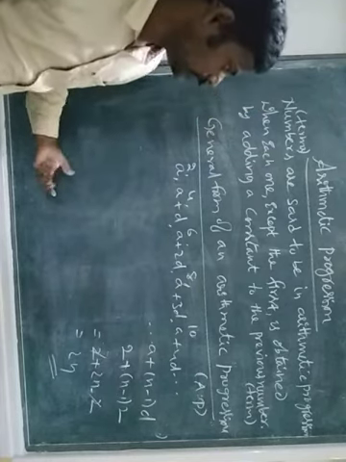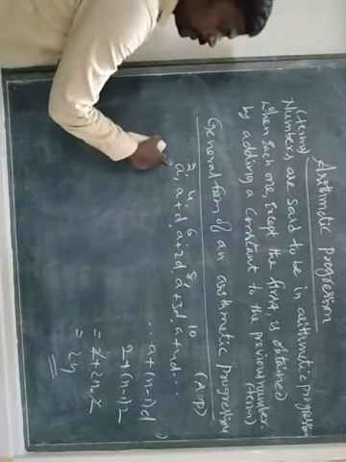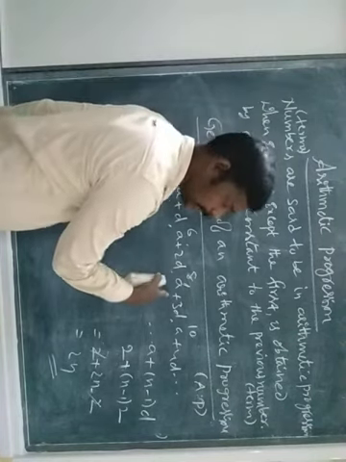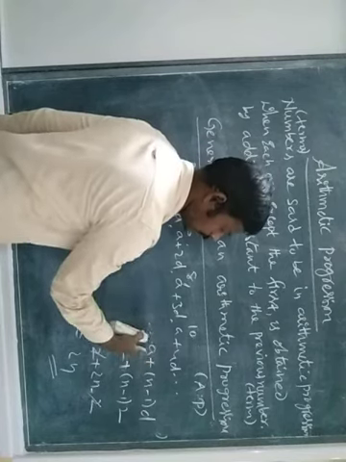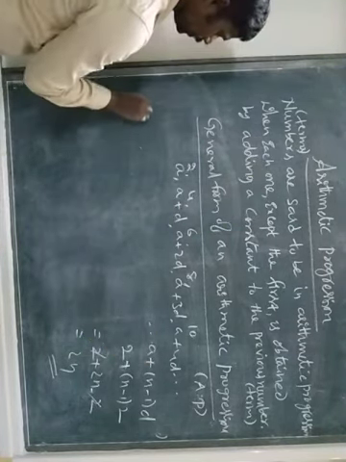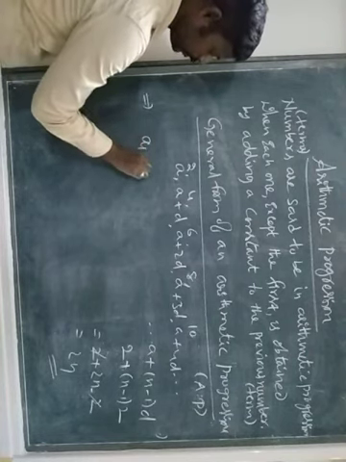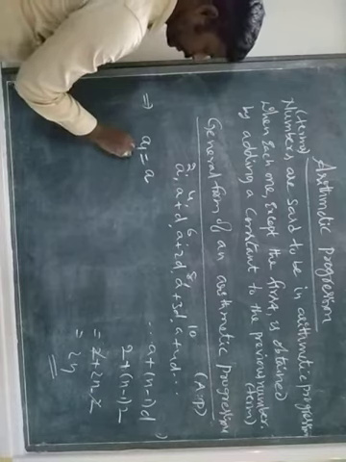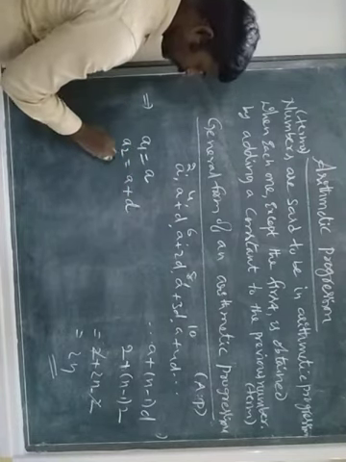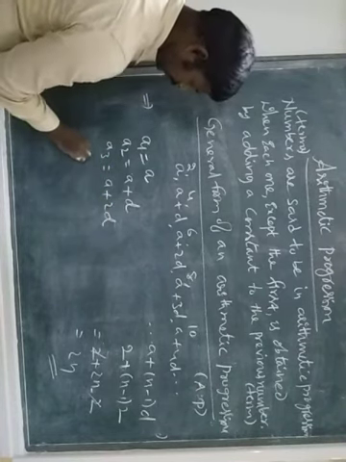So that's why, what is the general form of arithmetic progression? A, A plus D, A plus 2D, A plus 3D, A plus 4D, and so on, A plus (n minus 1) into D. So what are we observing in this explanation? First term A1 is equal to A. Second term A2 is equal to A plus D. Third term A3 is equal to A plus 2D.